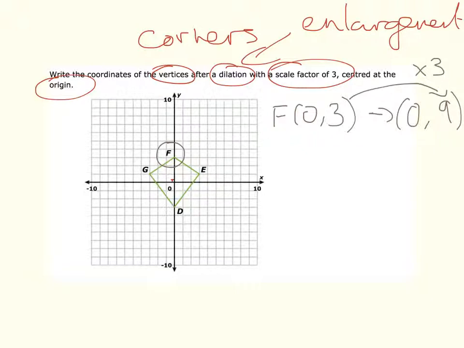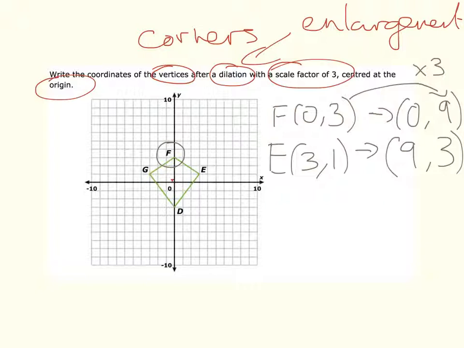If we do E, same thing. We go, what's the current coordinate? The current coordinate is 3, 1. So if we multiply those two digits by 3, we get 9, 3.